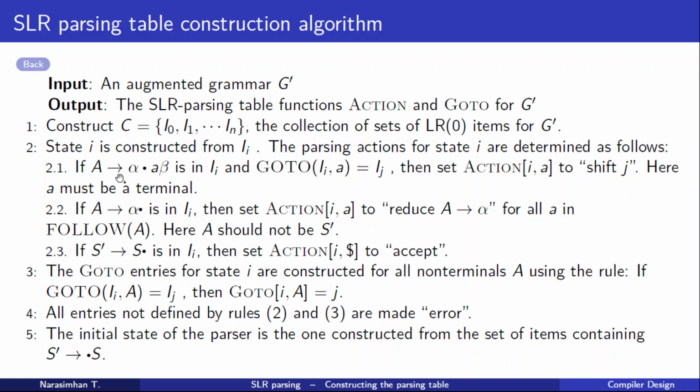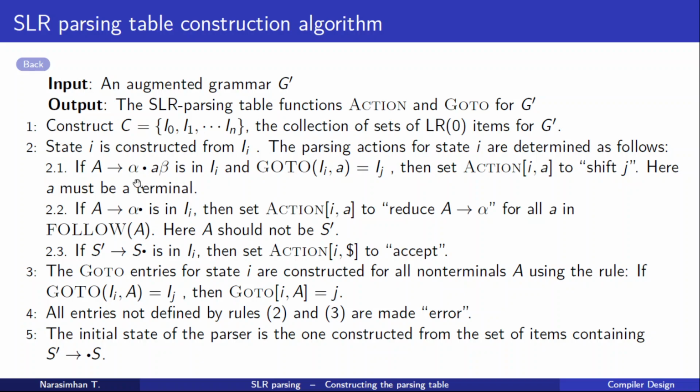If a shift item is in the item set Ii, and you find that goTo of Ii, a equals Ij, then you will set the entry in the action part for the combination i, small a to shift j. That means the shift items in the item set will contribute to shift entries in the action part of the table.